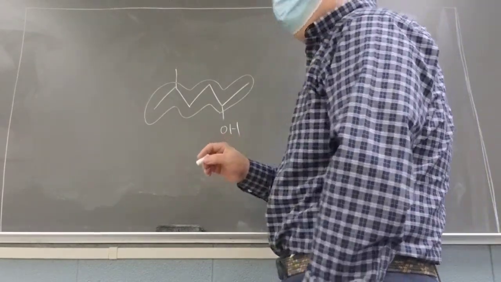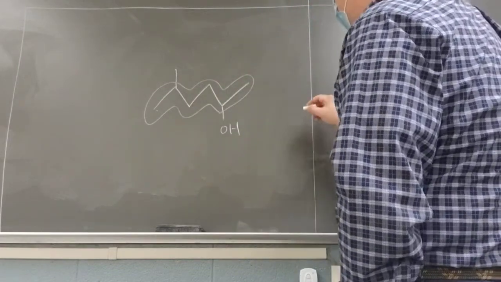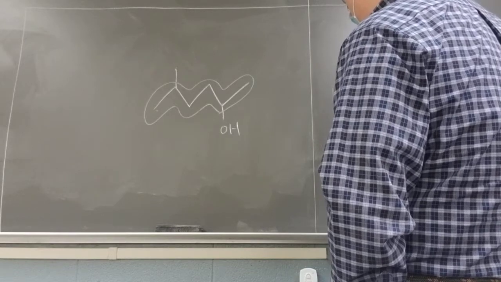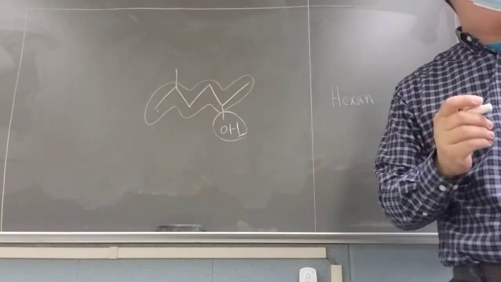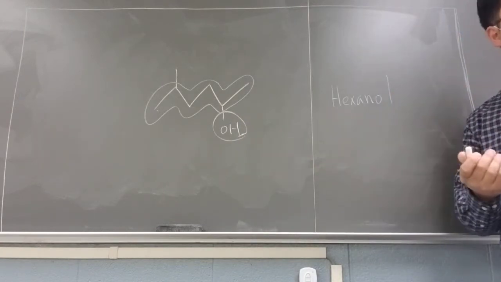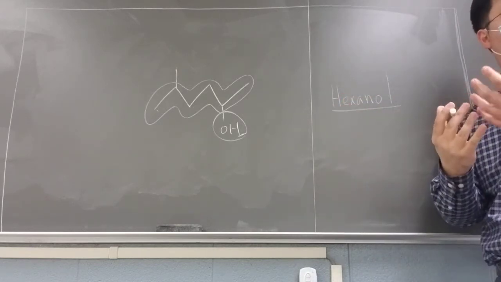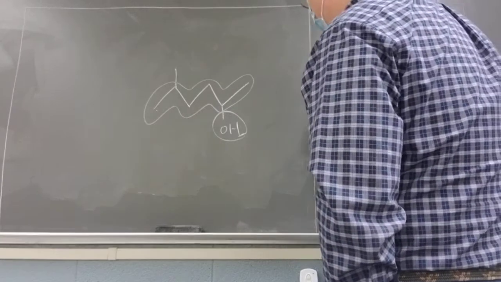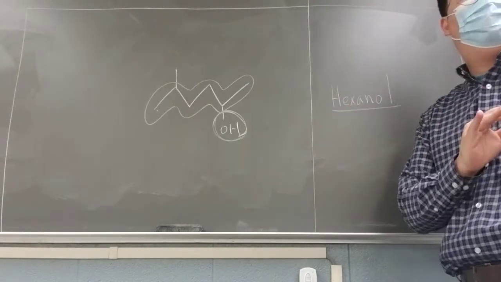So 1, 2, 3, 4, 5, 6. So this is hexane. But because of the hydroxyl group, it makes what? Hexanol. Because you put the OL, it indicates you have a hydroxyl group somewhere. So whenever you do that, you also need to locate that one over here, which is your primary job.